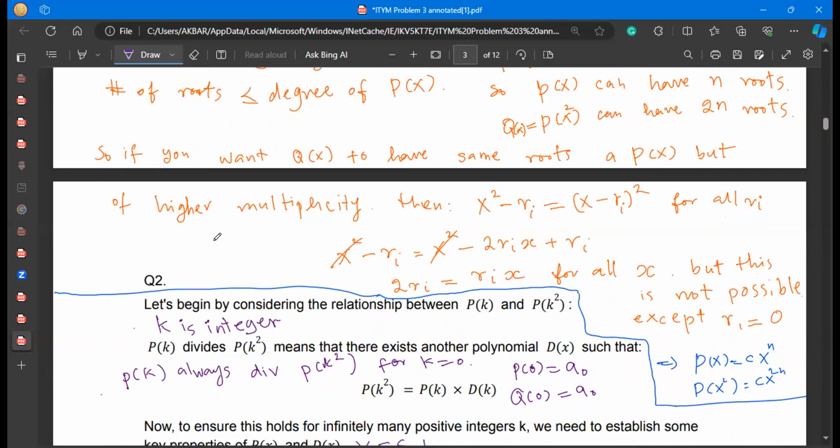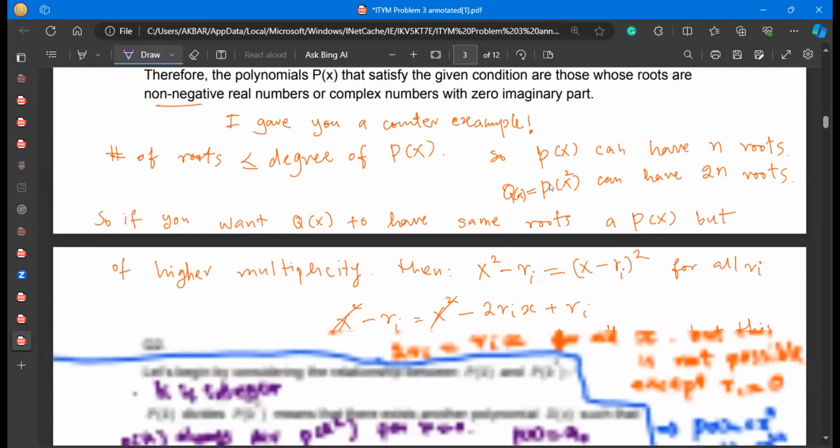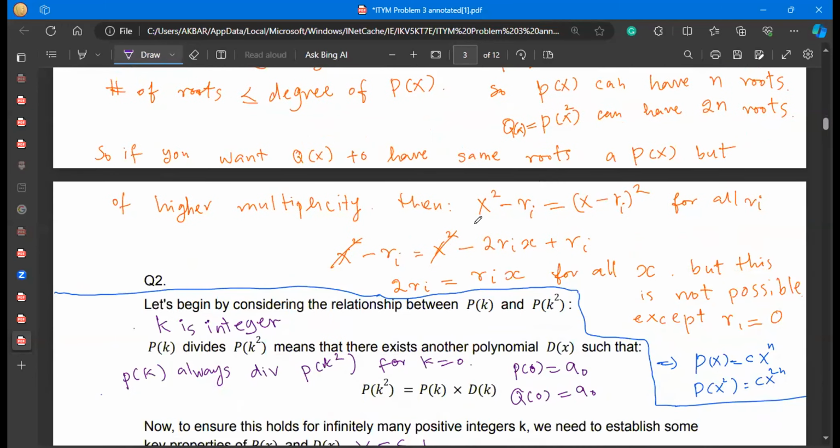Let's assume that we have the second case, which you were mentioning in this part. If you want q of x to have the same roots as p of x, then this thing should be same.